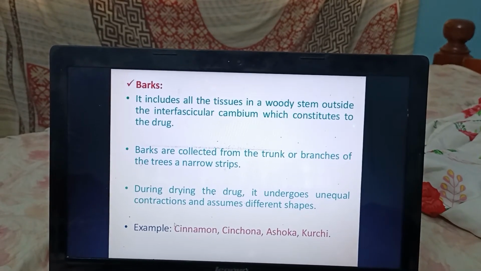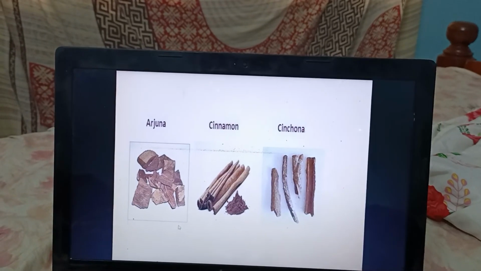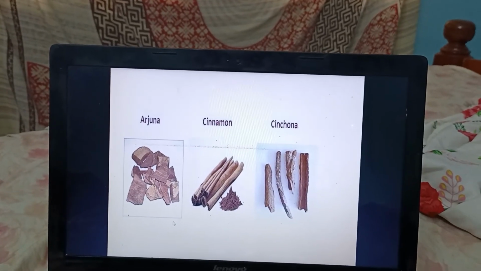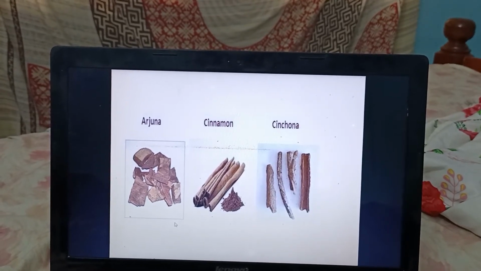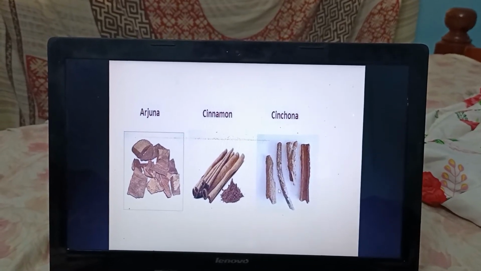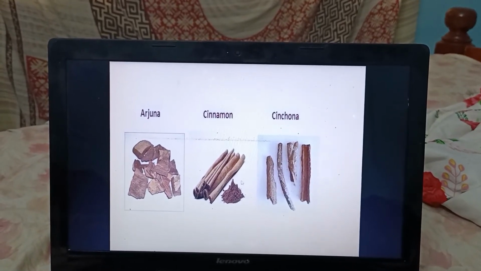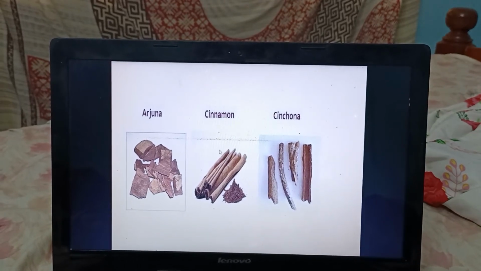These are some examples of bark. So this slide shows the barks of different trees. First one is Arjuna, and the second one is cinnamon, the final one is cinchona. As I told you already, in our home we use cinnamon.